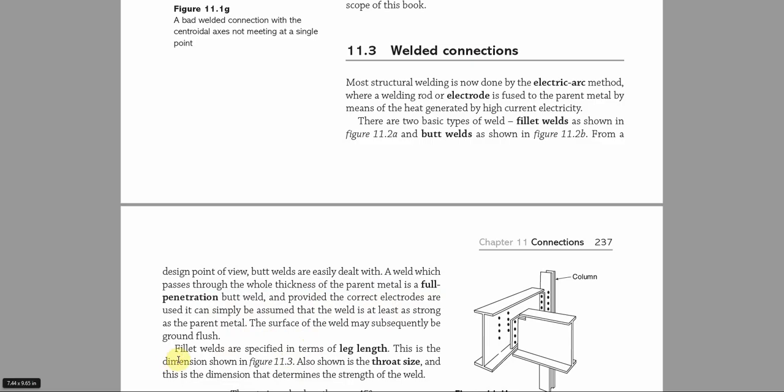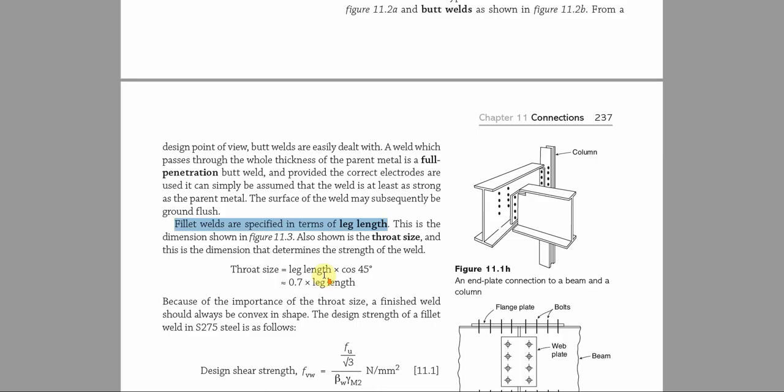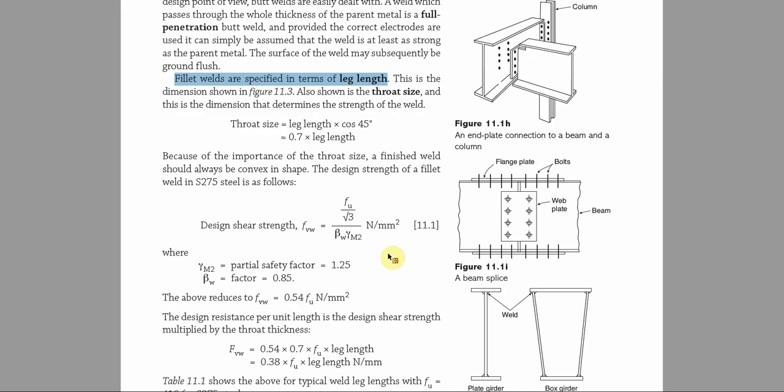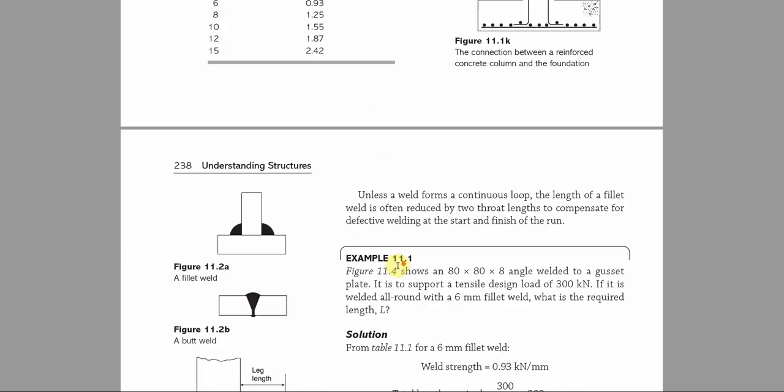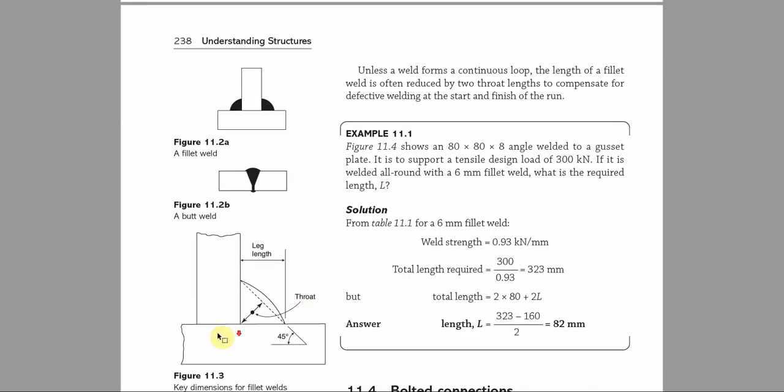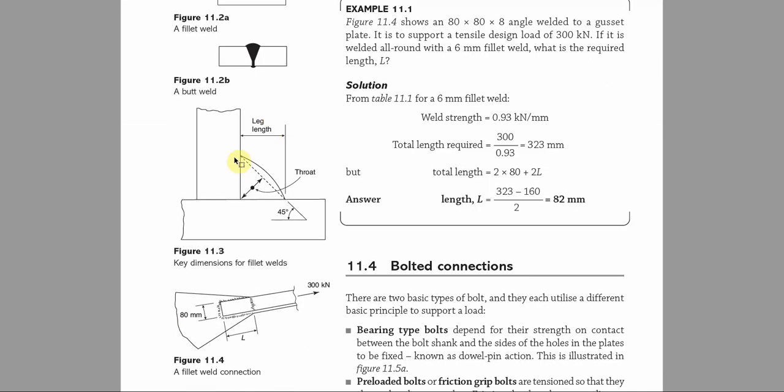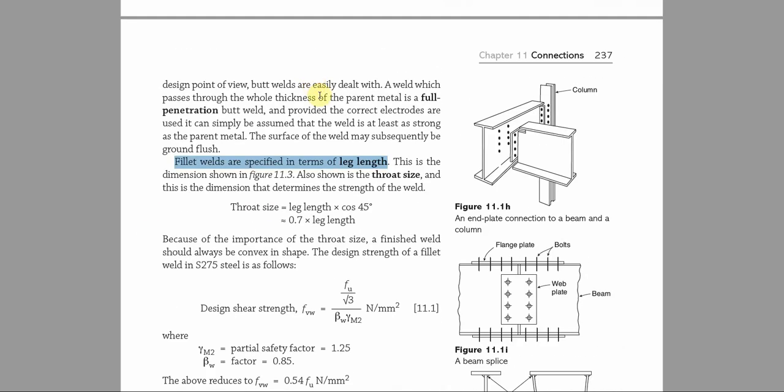The fillet welds are classified in terms of their leg length, as shown in figure 11.3. You can see this is the leg length, that is from the member to where the weld ends, and this is the throat here. So we'll be doing some calculation on that.